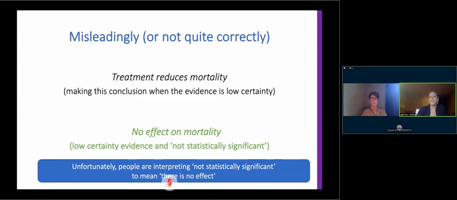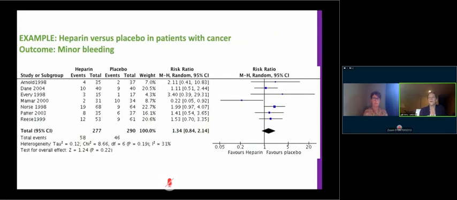I'll give an example, a little bit of a side story, of how it can be quite misleading to make these conclusions that there's no effect. This is an example of a forest plot showing the analysis from heparin versus placebo in patients who have cancer.